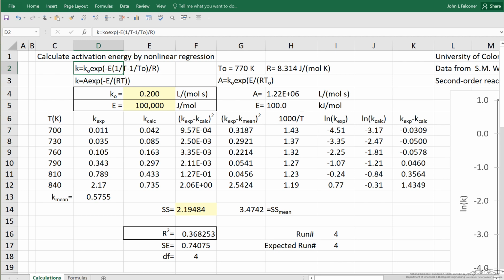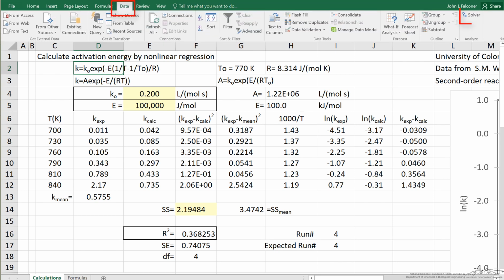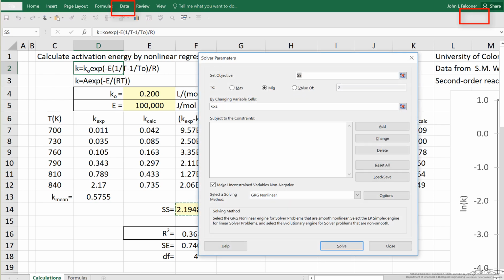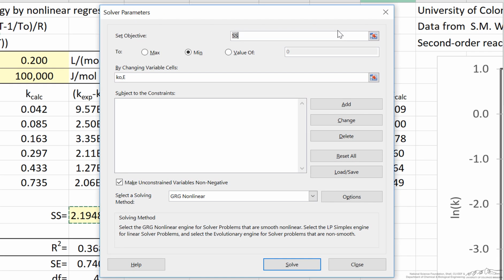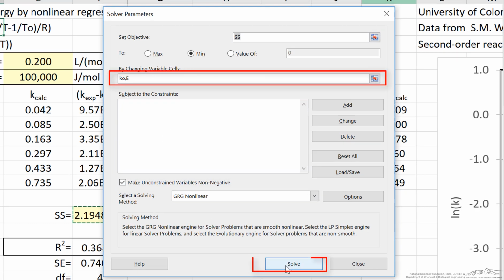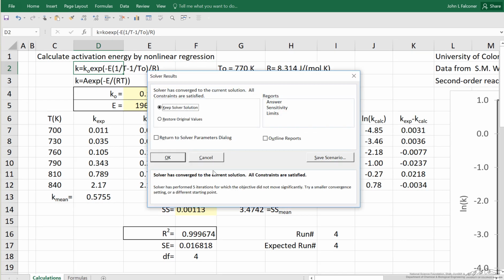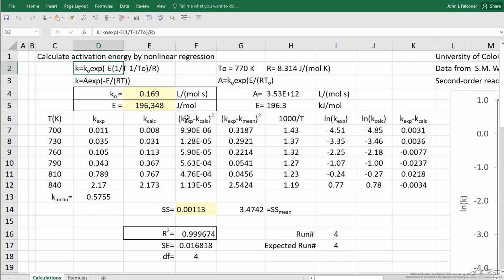So run Solver by going to Data, Solver, and now I'm minimizing the cell which I've named SS. Minimize. I want positive values, and I'm changing K0 and E. I select Solve. It gives me an answer, and here are the values for K0 and activation energy.